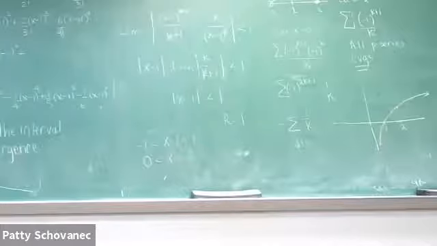If I want to center it at 5, then the interval would go from 3 to 7, which includes 4. So this was x minus 1, and I need to replace each x minus 1 with an x minus 5. And then I can use that to approximate my power series.